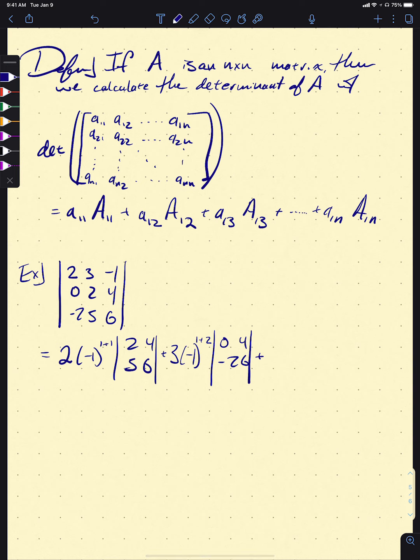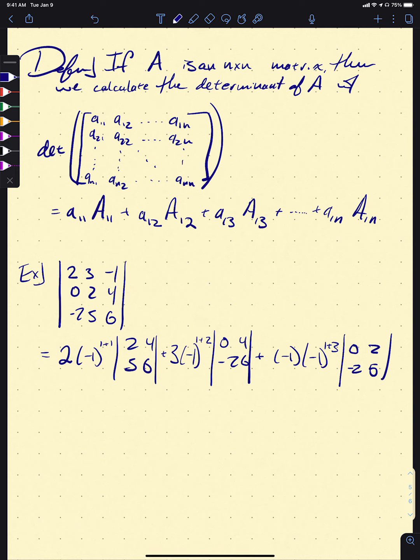Because what's going to happen next? Well, we're going to have negative 1 times negative 1 to the 1 plus 3, times the determinant of what's left when we remove this row and column: 0, 2, negative 2, 5.